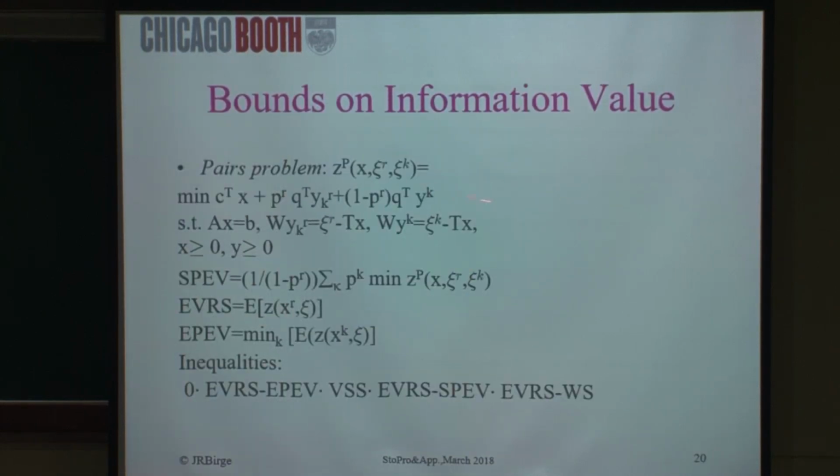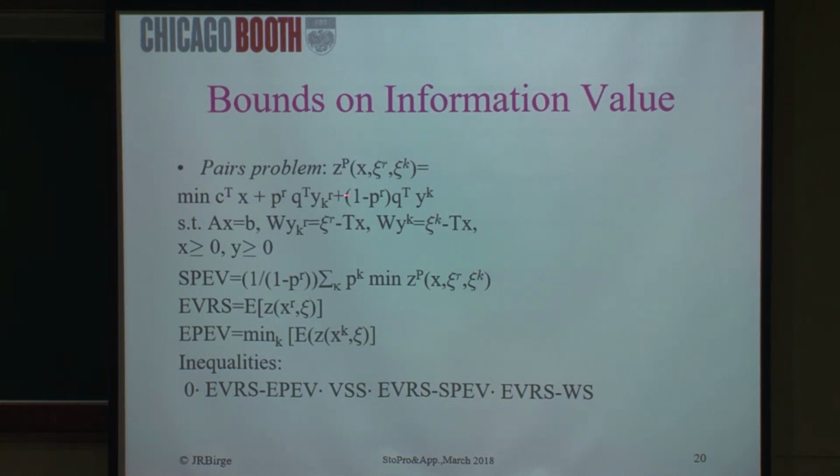Okay. Now there are other ways you can bound this information value, and these should be less than or equal to what is down here. I've set it up as what I call the pairs problem. Instead of one scenario at a time, you take 2 scenarios and put them together into a model.